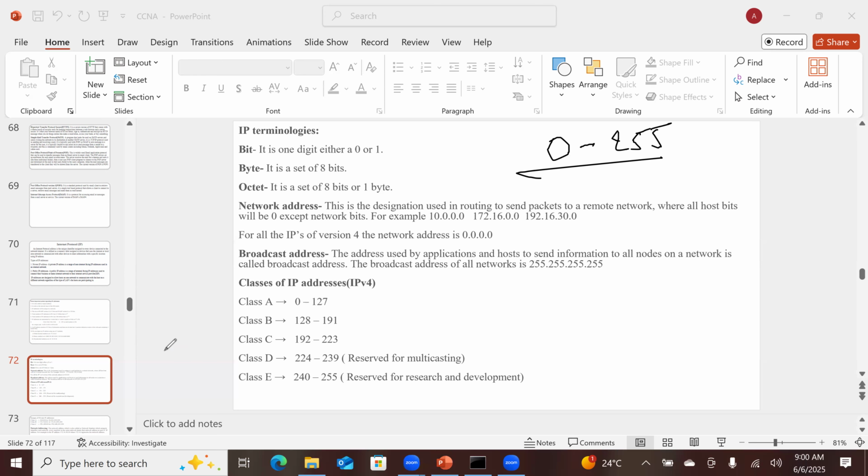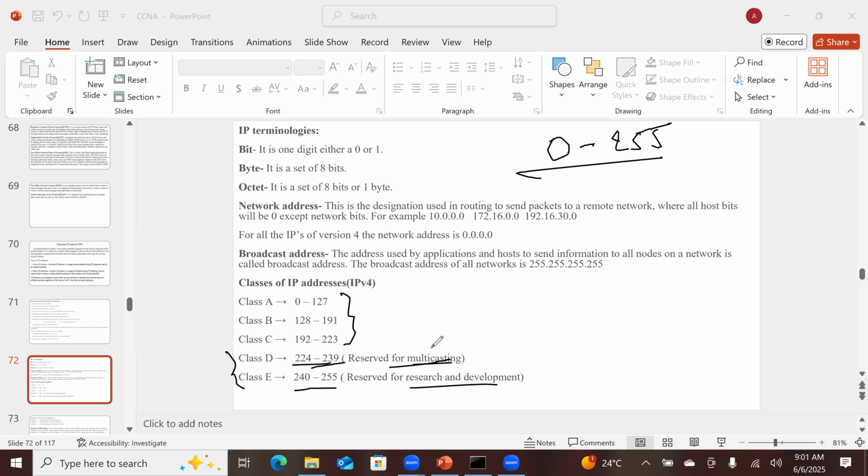Okay. So we use only the first 3 IP classes: class A, class B, class C. We don't use class D and class E because they are reserved for multicasting and R&D purposes. Even if you try to assign this IP range to your system, they will not take it. They say these are reserved for some reason. Class D is used for multicasting.